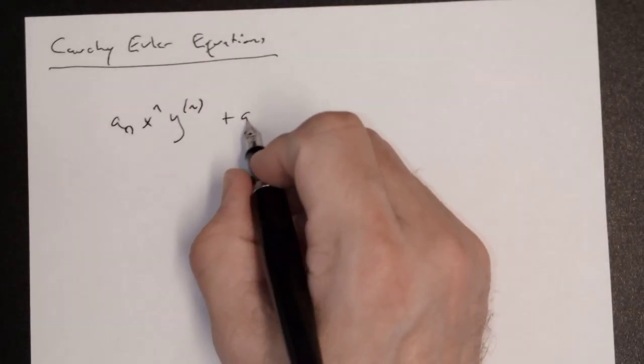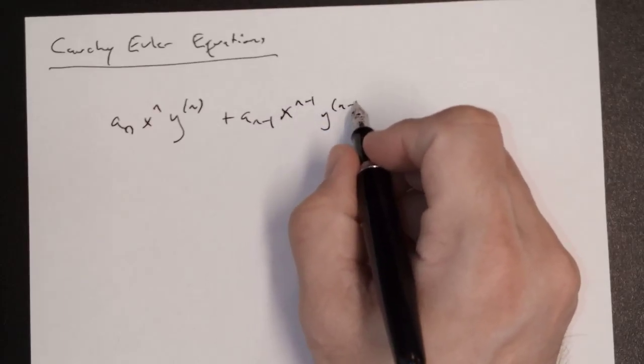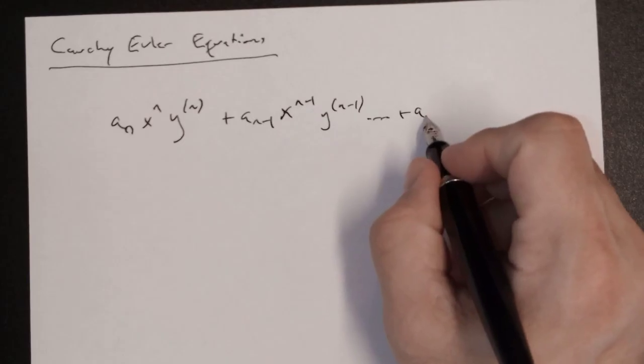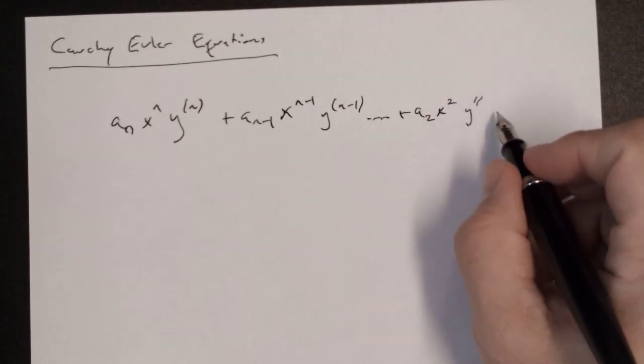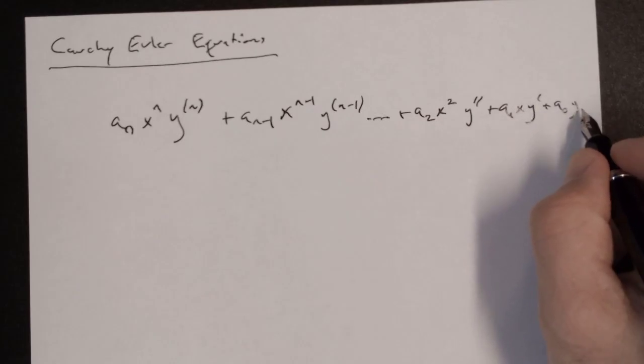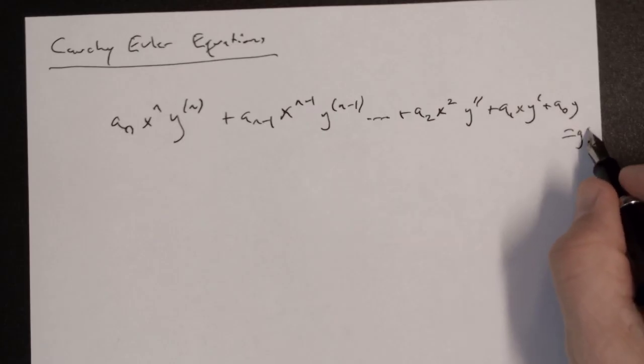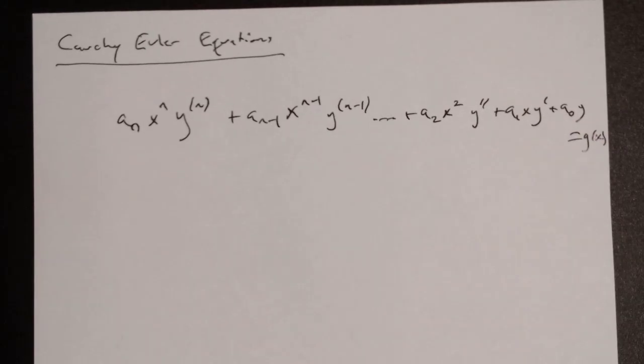For each of these, the same thing occurs. Every one of those, the coefficient is exactly a number, a power of x, and the power of x has to match the order of the derivative. And the a_i are constants.